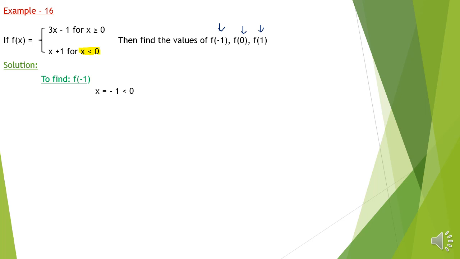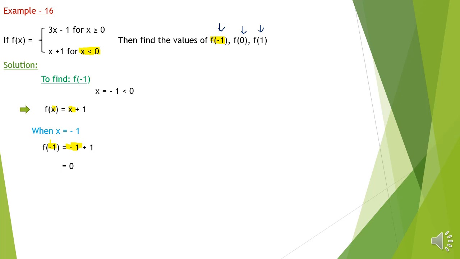So our function for this part is x plus 1. So our function is f(x) is equal to x plus 1, and when x is equal to minus 1, wherever there is x it is replaced by minus 1, and the value will be 0.